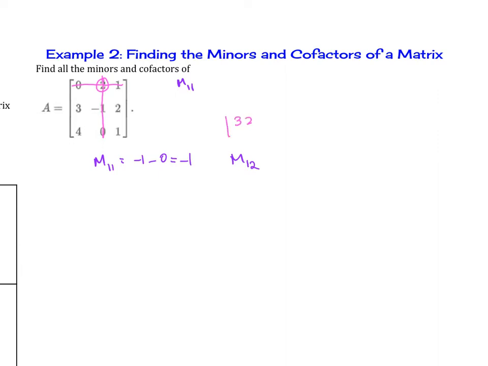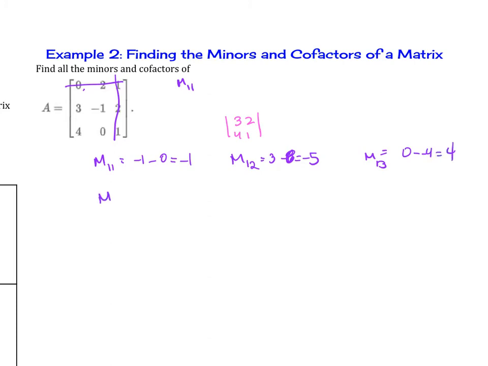The matrix is 3, 2, 4, 1, so this is going to be 3 minus 8, and so this is -5. Then you keep on doing that to find the rest. M13, delete this and this, and so it is 0 minus a -4, which is a +4.